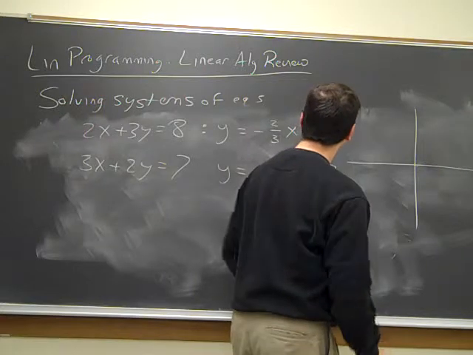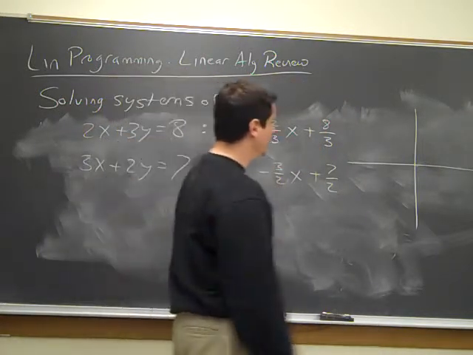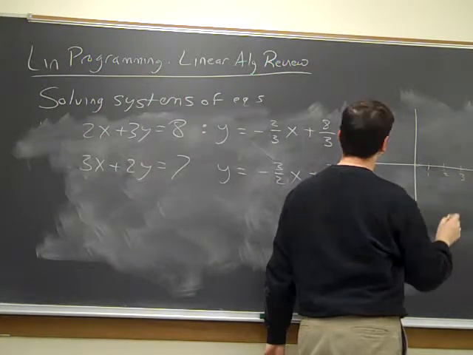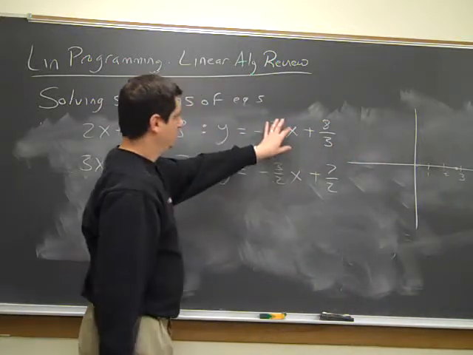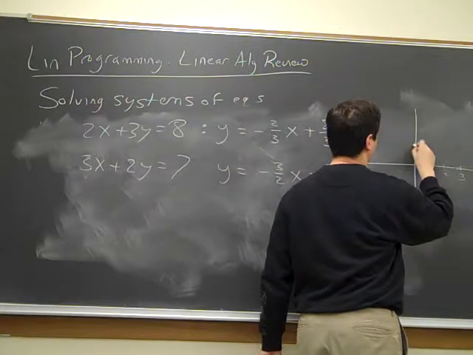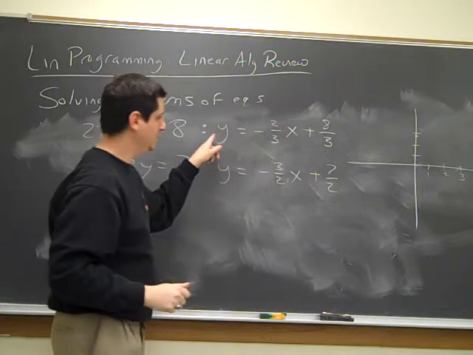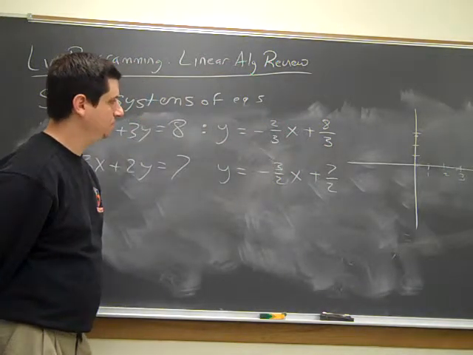Well, so let's look for the intercept. So if x equals 0, y equals 8/3. So 1, 2, 3, 8/3 would be a little bit less than 3. I'm sorry, that was y. 1, 2, 3. So if x equals 0, y is a little bit less than 3. If y equals 0, x equals 4.